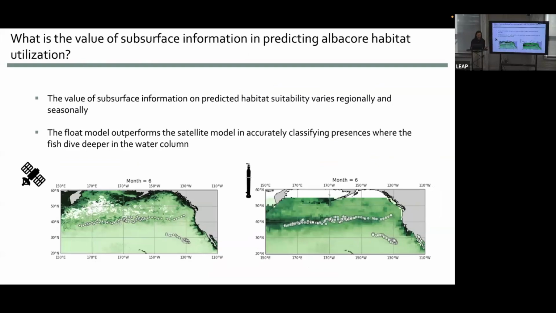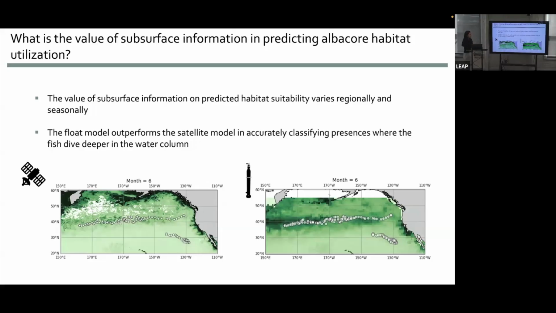So just taking a step back for a second to summarize some important points so far. This first research question addressed the value of subsurface information in predicting albacore habitat use. To do this, we created two different species distribution models, one informed by surface satellite information, the other informed by depth integrated data from floats. And we found that subsurface information improved predictions of habitat suitability, especially in particular regions and seasons where we see decoupling between surface and subsurface conditions.